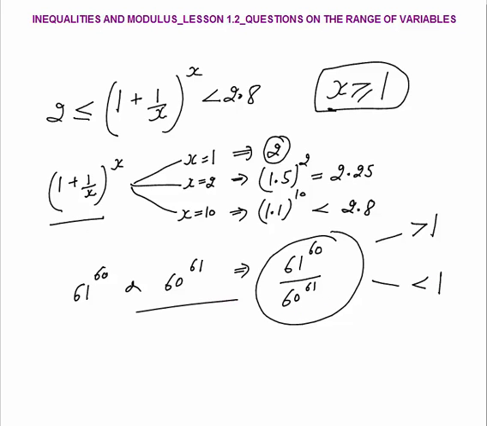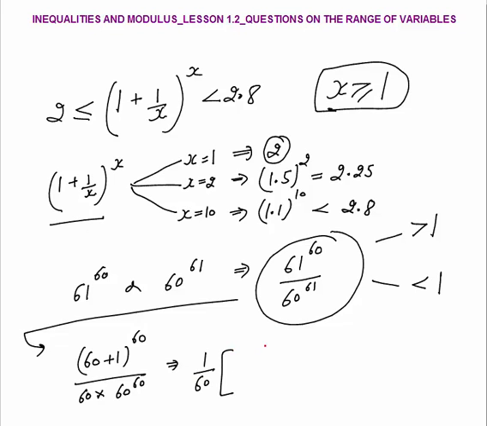So how we will find this fraction? Can I say this is (60 plus 1) power 60. This 60 we can separate out. This is 60 power 60. Now 1 by 60 will get separated. You will be left with (60 plus 1) power 60 divided by 60 power 60.